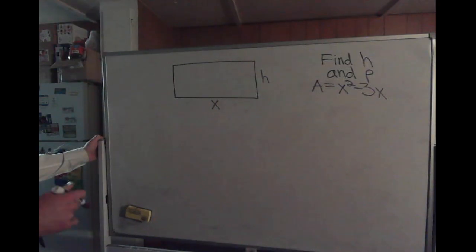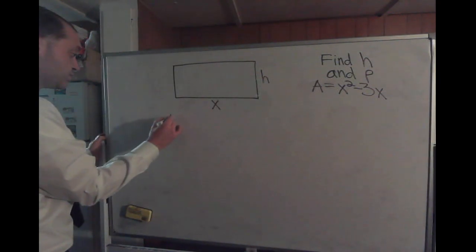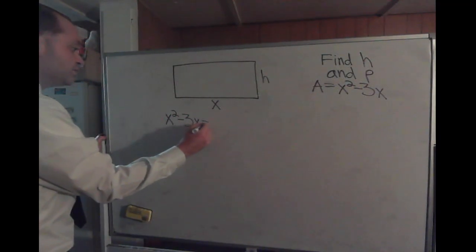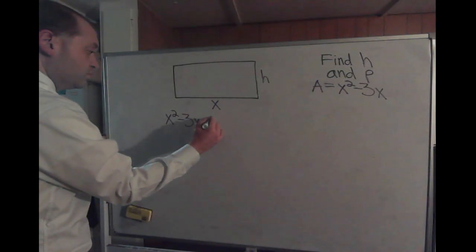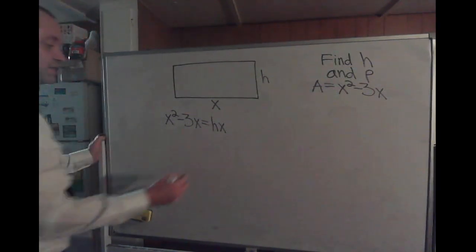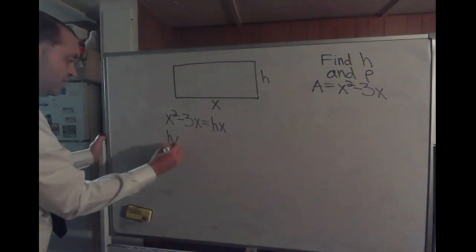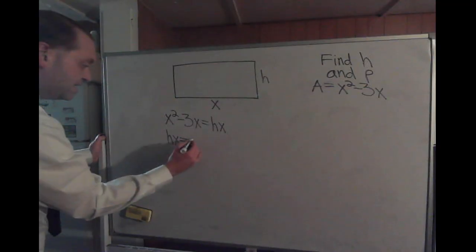So in order to find the height, we need to take that area, which is x squared minus 3x, and set that equal to the length of the base times the height, which would just end up being hx. Now, if we take this a step further, we can factor out a common x on the left-hand side.